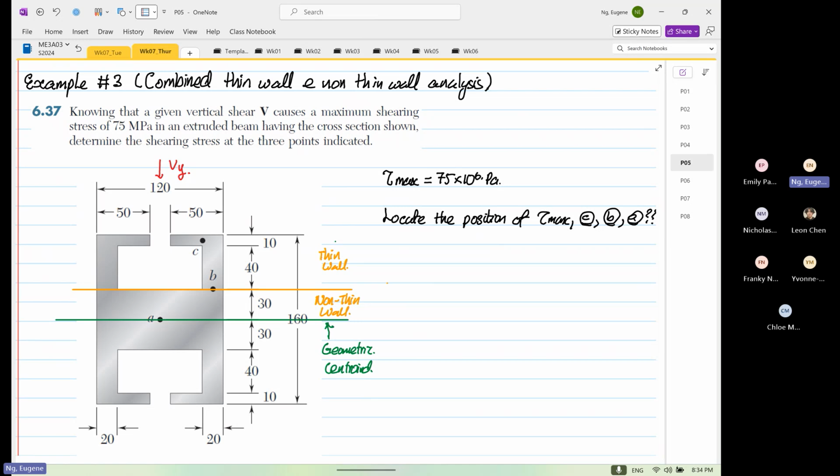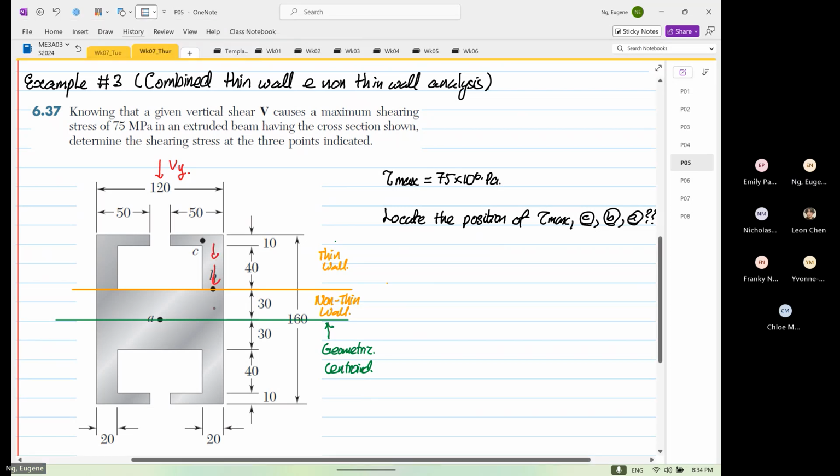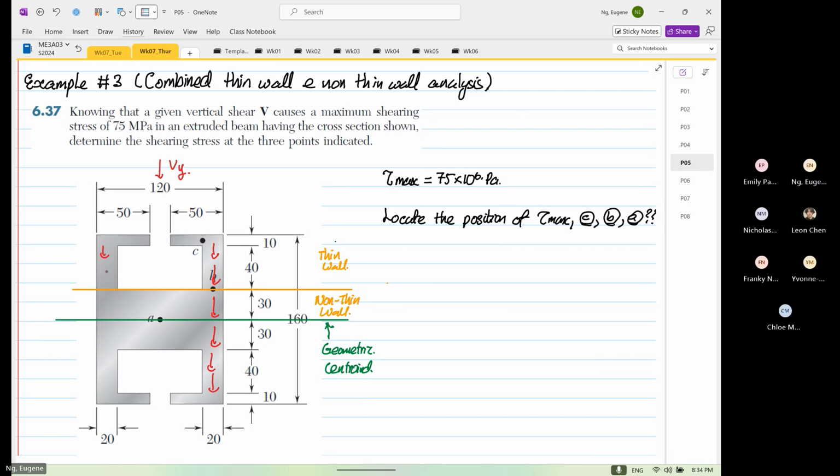Okay, so for this, we still have to design our shear flow because there's thin wall. Okay, this is how our shear flow look like, and it will go in this way.